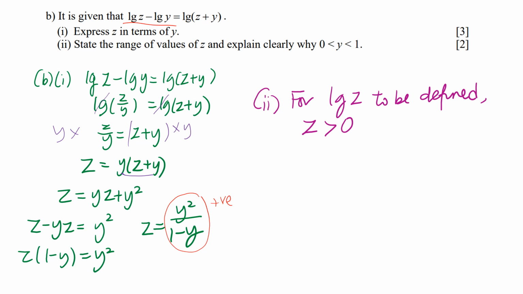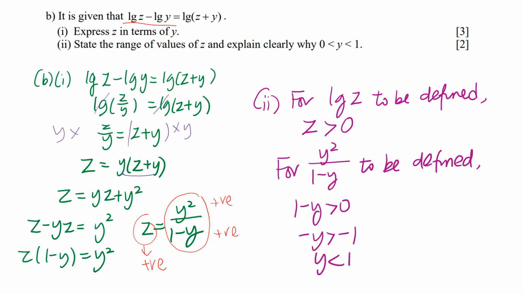So therefore, your denominator must also be positive, because positive divided by positive then gives you z positive, right? So therefore, 1 minus y must be more than 0. So therefore, negative y is more than negative 1. So y must be less than 1, because when you multiply both sides of an inequality by a negative, you need to flip your inequality sign.